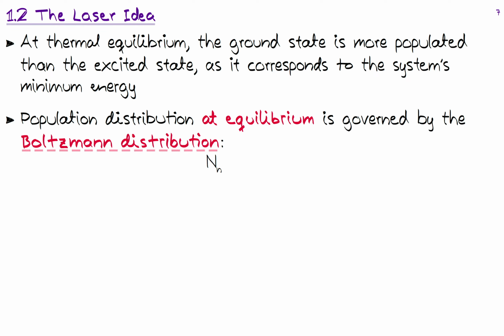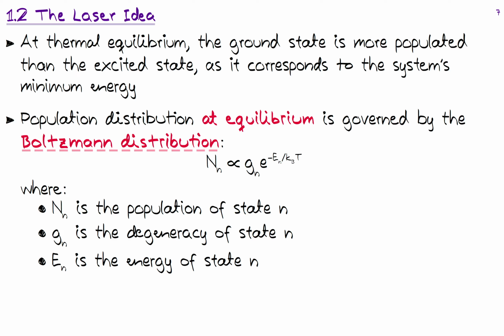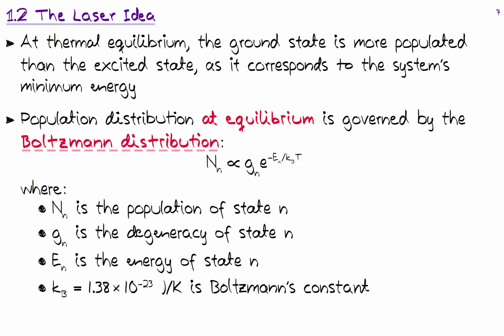Each population, N1 and N2, is proportional to the degeneracy factor Gn times the exponent of minus En divided by Boltzmann constant kB times the temperature of our system. Here Nn is the population of state n, Gn is its degeneracy factor, En is the energy of this state, kB is the Boltzmann constant, and T is the temperature in kelvins. This is basic classical thermodynamics.